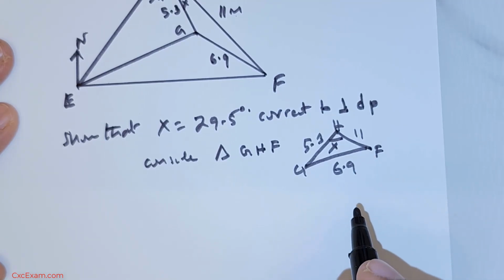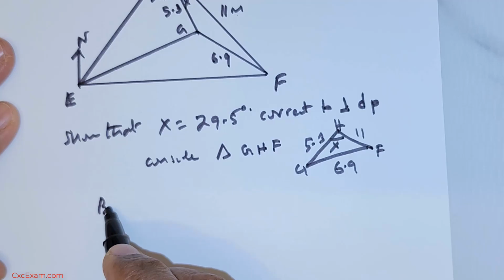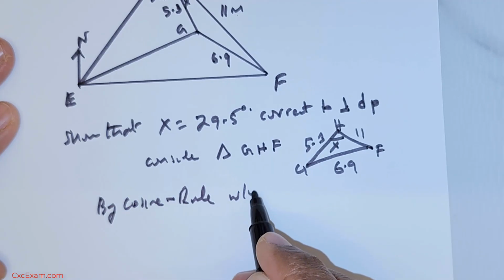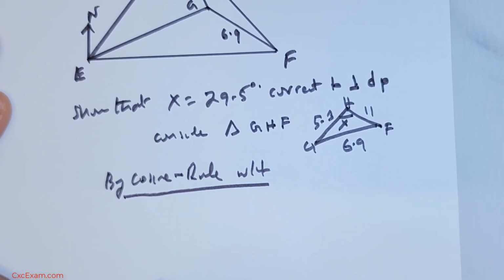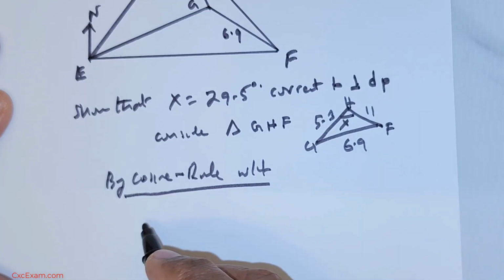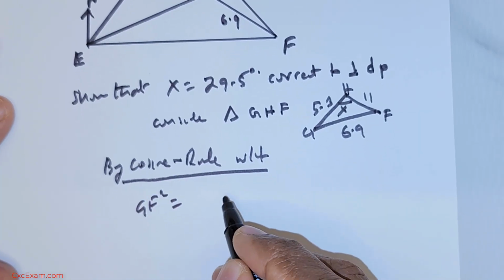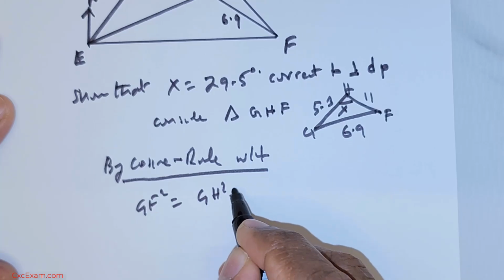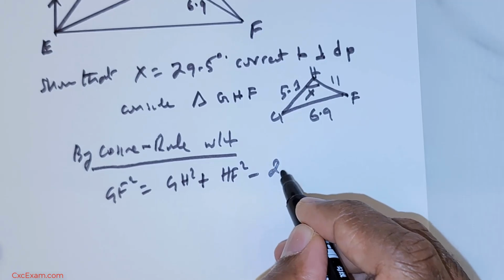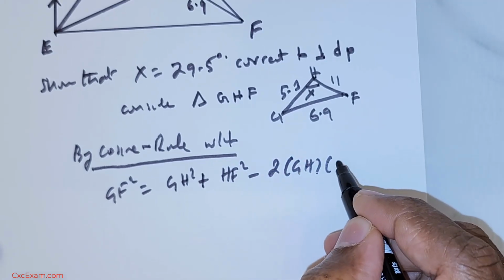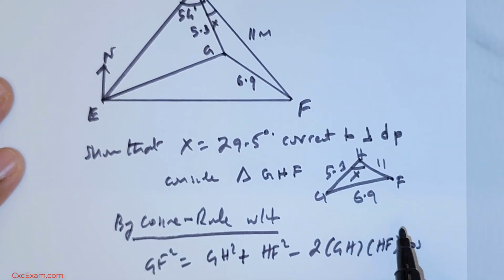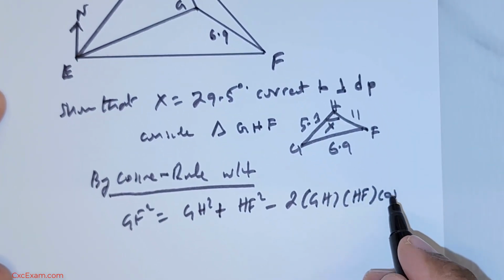So what we are going to do is use the cosine law. By cosine rule, we know that GF squared is equal to GH squared plus HF squared minus 2 times GH times HF times the cos of the angle that is between GH and HF.